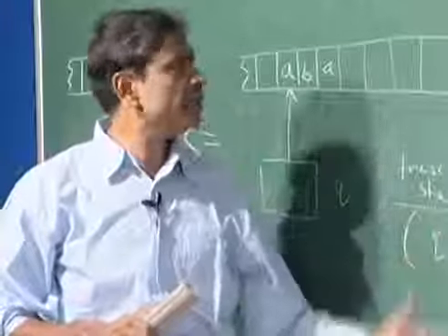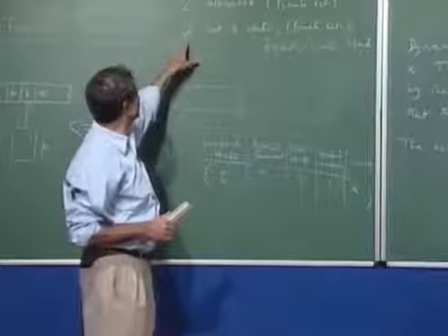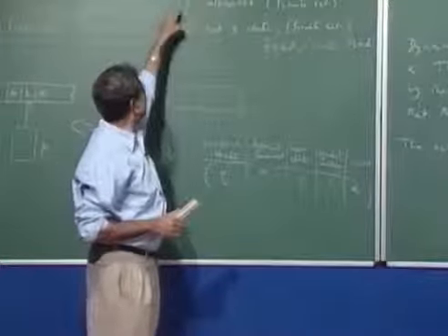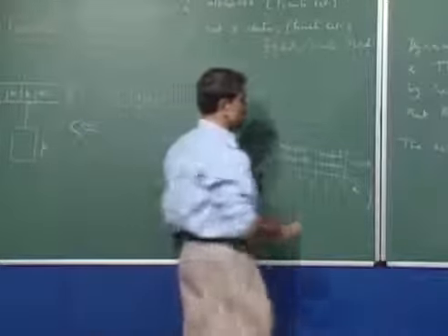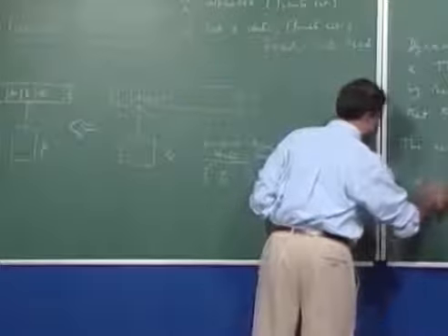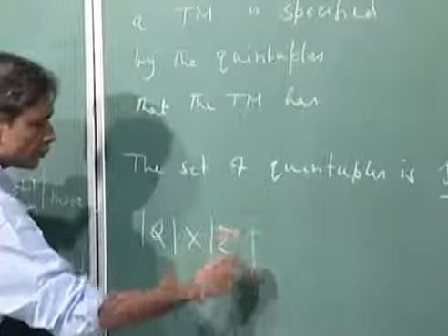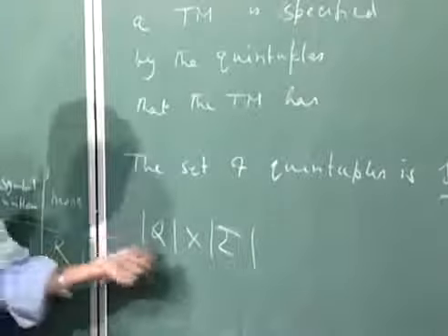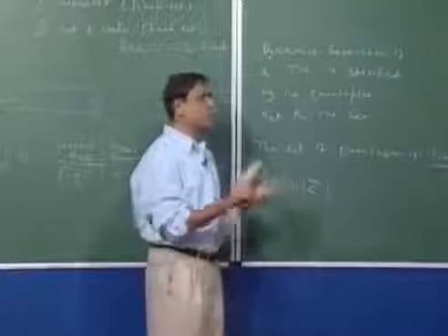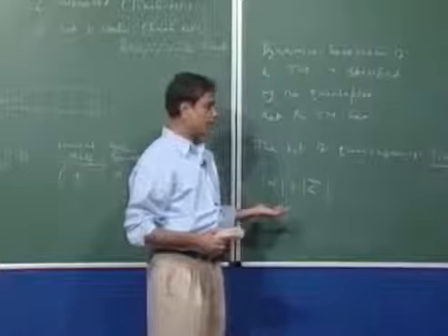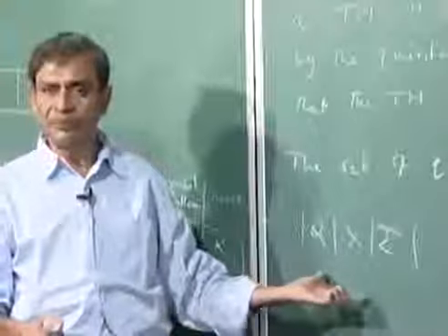So how many quintuples can there be if a particular Turing machine has the set of states Q and the alphabet it works on is sigma? Clearly Q cross sigma. What I mean is, if the machine has 10 states and 5 symbols, then the total number of quintuples would be at most 50.